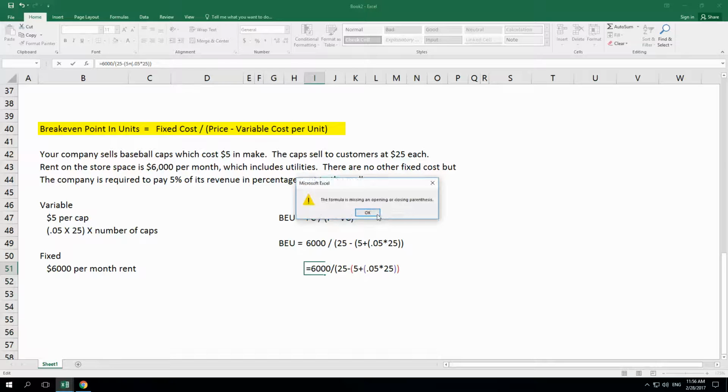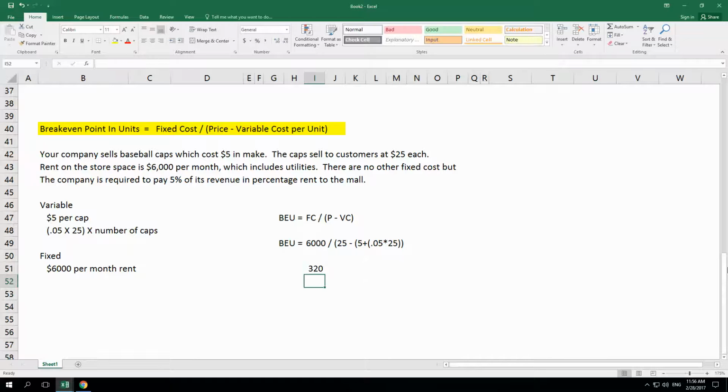Okay, let's see. 6,000 divided by 25 minus 5 plus 5% of 25. One more parenthesis. Okay, so it says we've got to sell 320 units to break even.